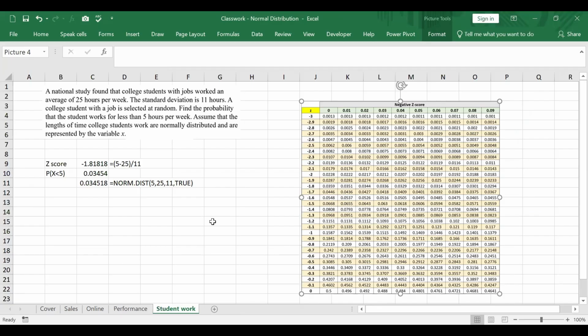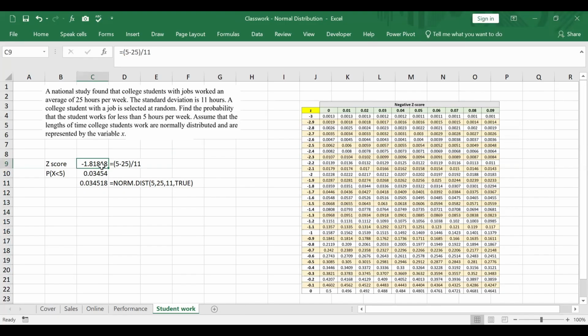Assume the length of time college students work is normally distributed and is represented by the variable x. To find the z score here, it is by the formula: x is 5 hours, minus average 25, divided by standard deviation 11, that comes to minus 1.81818.